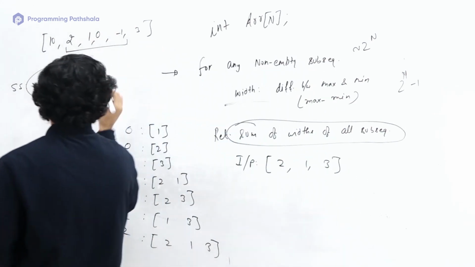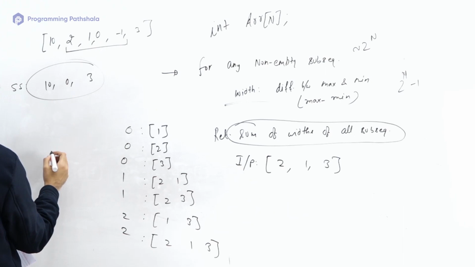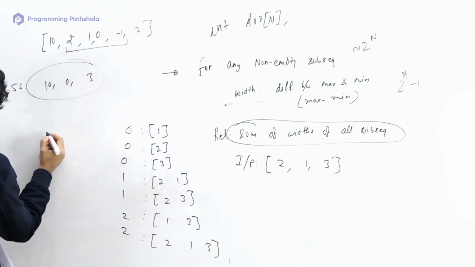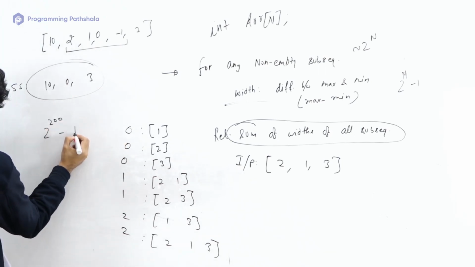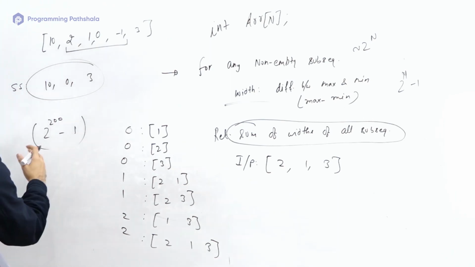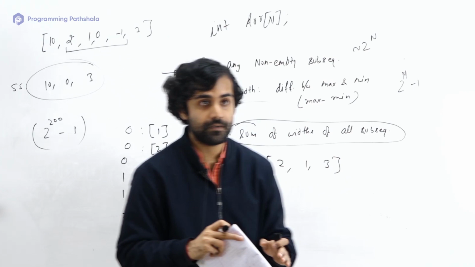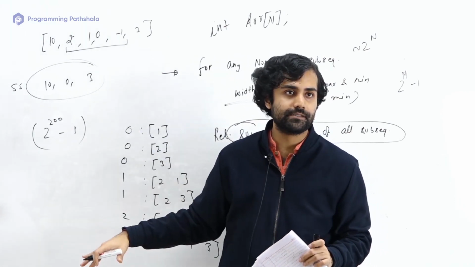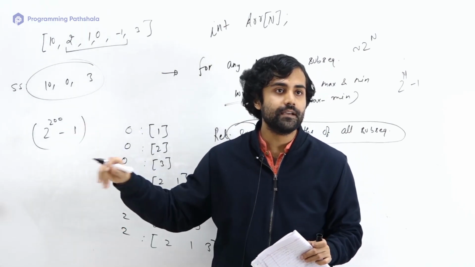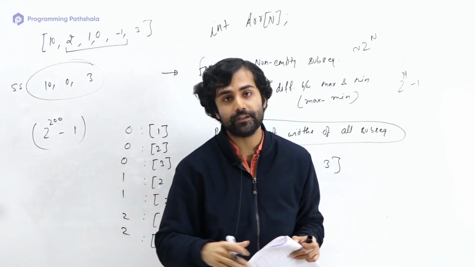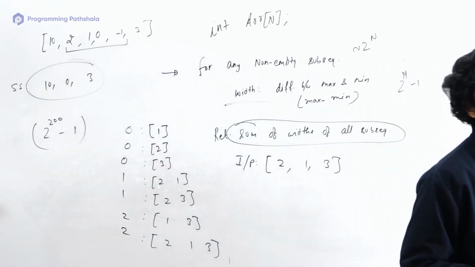Even if, let's say, there are 200 elements, there will be at least 2 raised to power this much values, and so many integers will be there which you will be adding up. It is guaranteed that you will get an overflow if you do that.